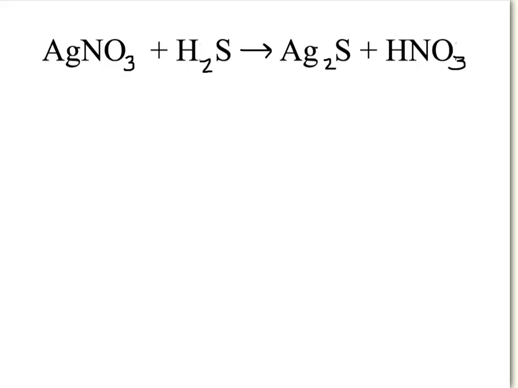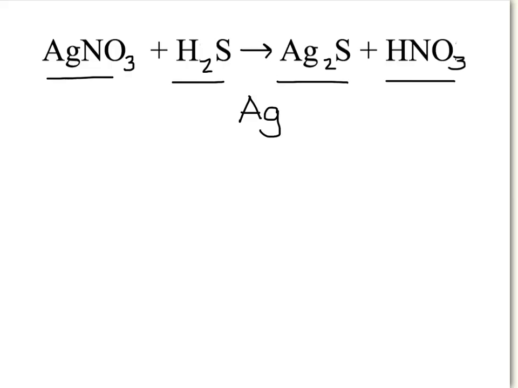In this particular case, we have silver nitrate reacting with hydrogen sulfide to make silver sulfide and hydrogen nitrate, or nitric acid. Alright, so the first thing we're going to do is write down the middle all of the elements that are involved in this reaction.